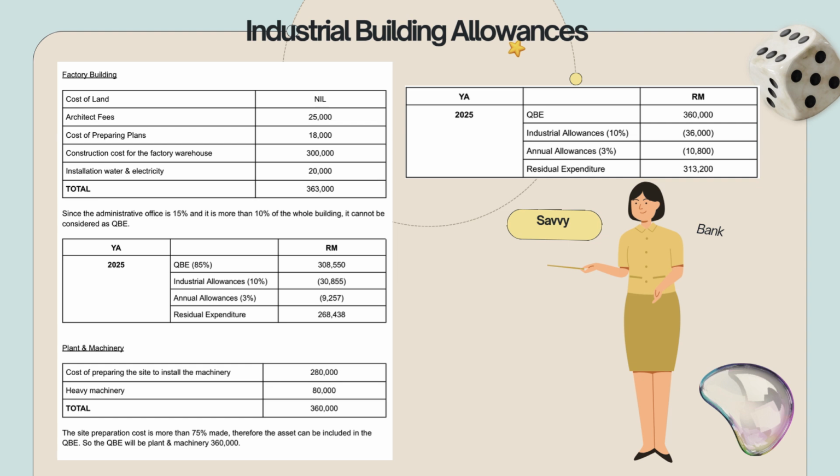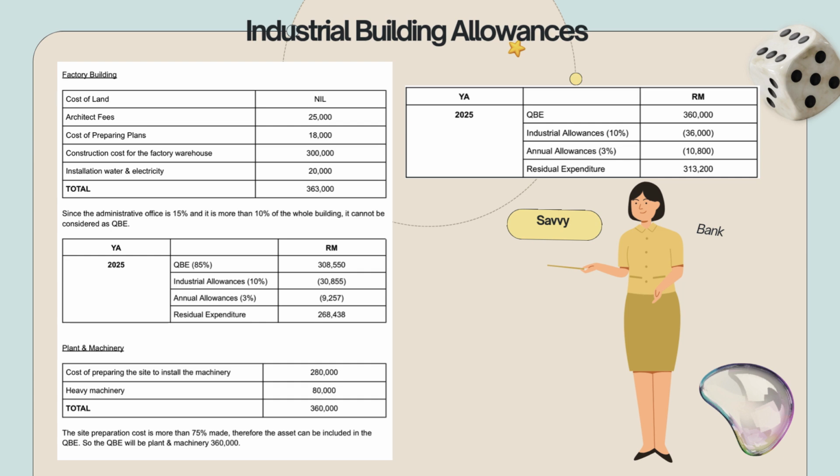The total qualifying expenditure is RM 360,000, which consists of the site preparation cost of RM 280,000 and heavy machinery costing RM 80,000. Since the site preparation cost is more than 75%, it can be included as part of the qualifying building expenditure. Therefore, the QBE is RM 360,000.